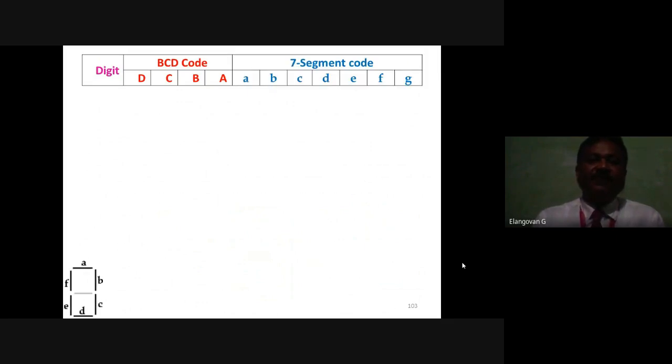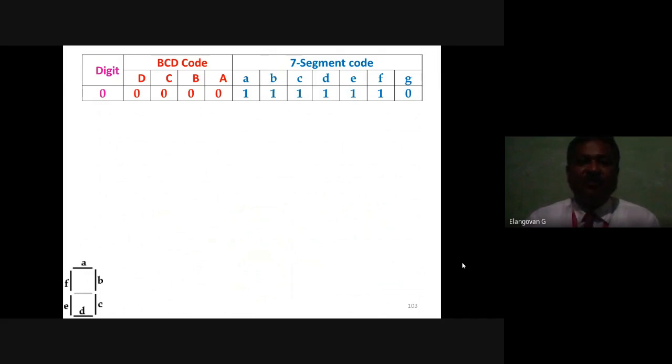Here we consider the BCD 4 digits we have, because BCD numbers are represented using a 4-bit binary combination for 0 to 9, and the remaining 6 are don't care conditions, and the 7 segment code will have the 7 segments A, B, C, D, E, F, and G.